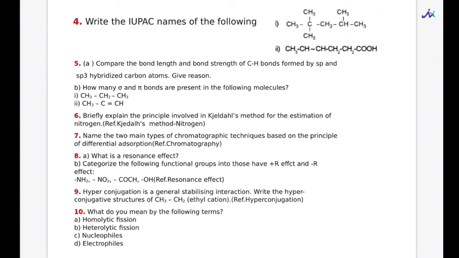These topics repeatedly came in previous examinations.